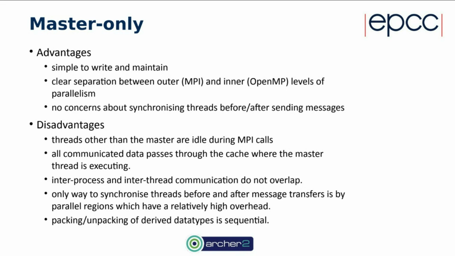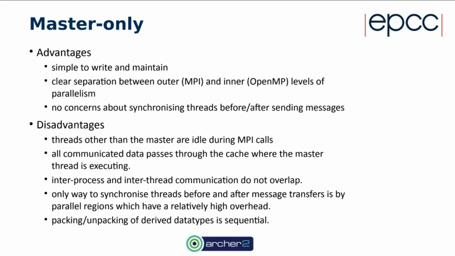And another important consideration is if we're using derived data types, quite a lot of the cost is in the packing and unpacking of MPI buffers rather than in the transfer of data across the network.